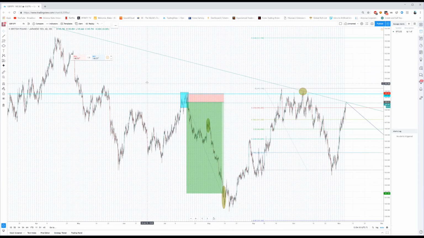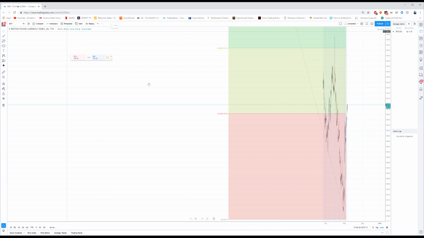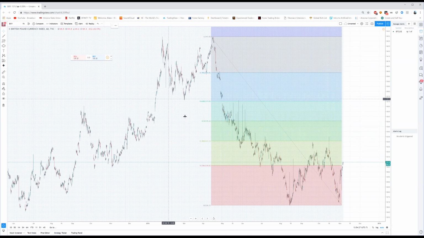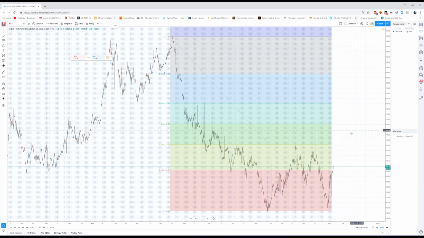So we've been looking at pound pairs a lot. Sorry, one last thing with pound pairs before we move on. I want to look at the BXY. So the BXY is the British Pound Currency Index. And that's just what I thought.